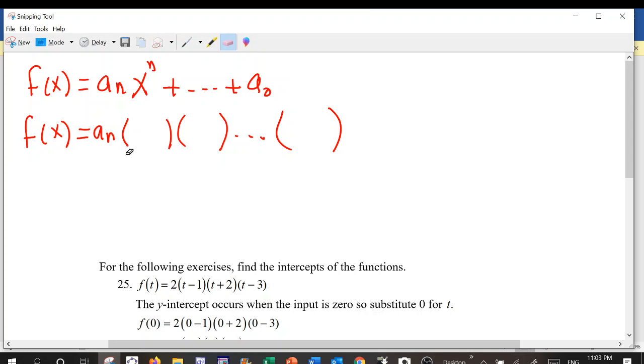The factors look like x minus something, x minus something, and x minus something. And these somethings are actually numbers; there are n of them because it's nth degree. So C1 through Cn are complex numbers.